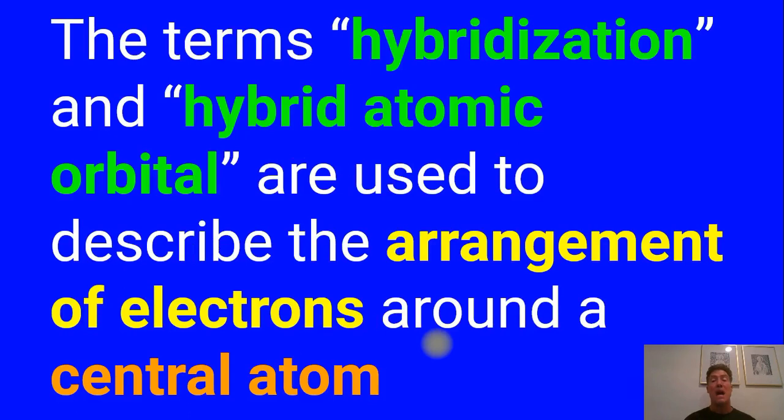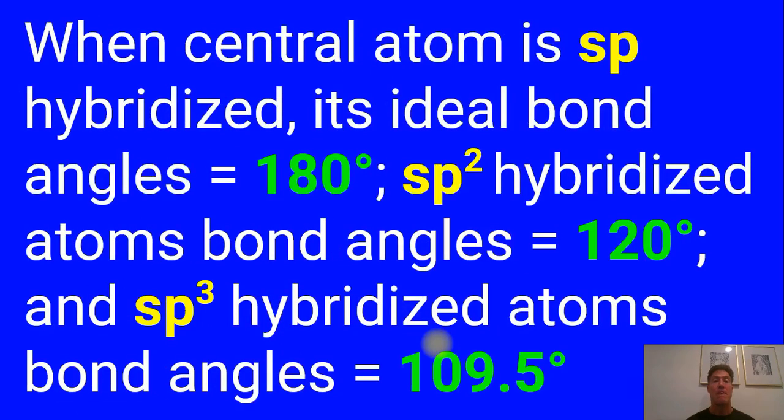You'll often see the terms hybridization or hybrid atomic orbital to describe the arrangement of electrons around a central atom. Basically, if there are 2 bonds, it's going to be sp. If there are 3 bonds, it's going to be sp2, and the bond angles are going to assume that trigonal planar 120 degrees apart shape. sp3 is 4 bonds, and that's going to assume our typical tetrahedron shape.